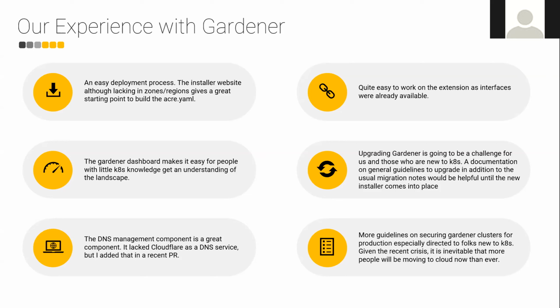But one of the big issues that we immediately recognized was that Gardener didn't support Cloudflare as a DNS manager. And we were using Cloudflare from the very beginning to have all our name servers on. So that was a first issue.